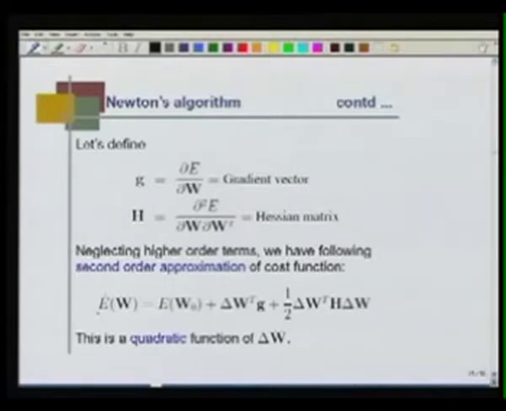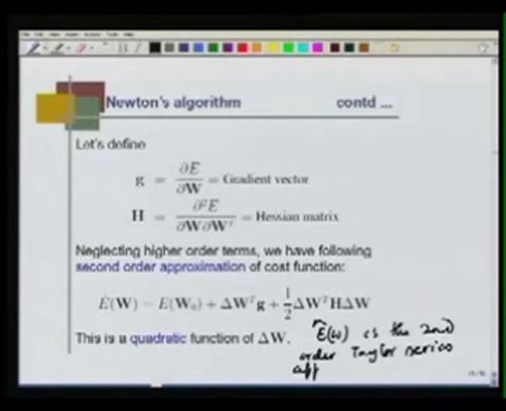Here E hat (W) is the second order Taylor series approximation of the actual cost function E(W), and we write it in this particular form. All the other higher order terms from this point onwards have been neglected. So, this is a quadratic function of delta W.